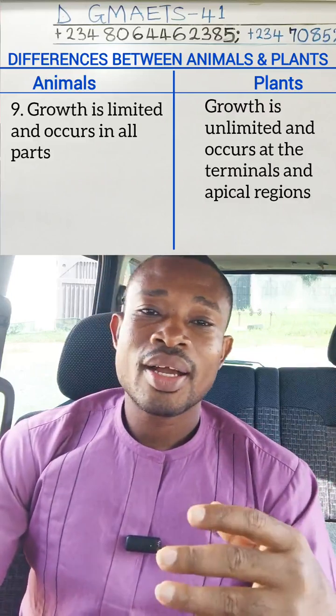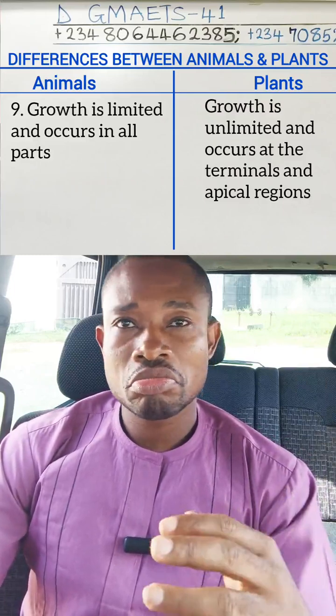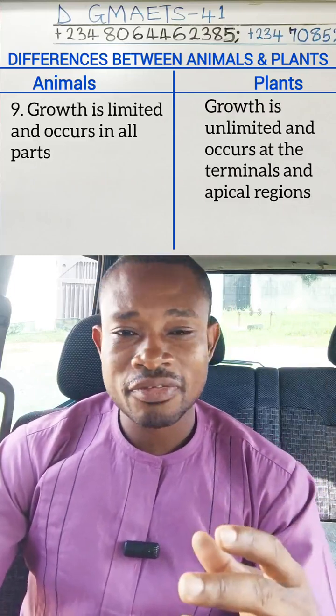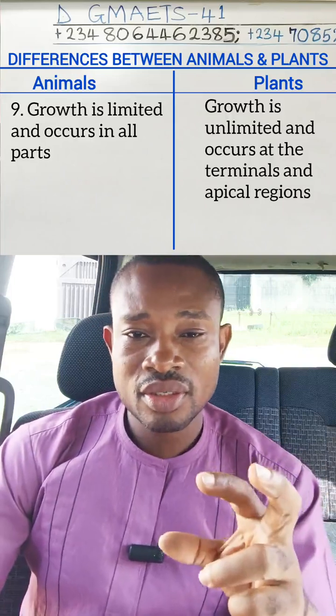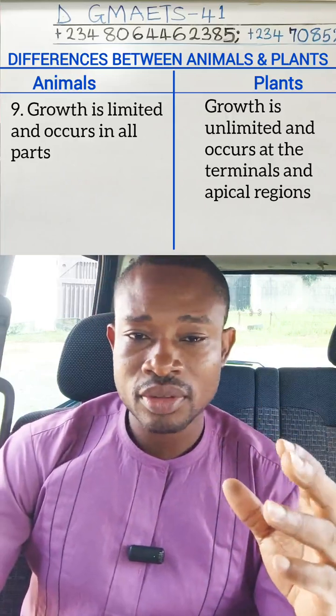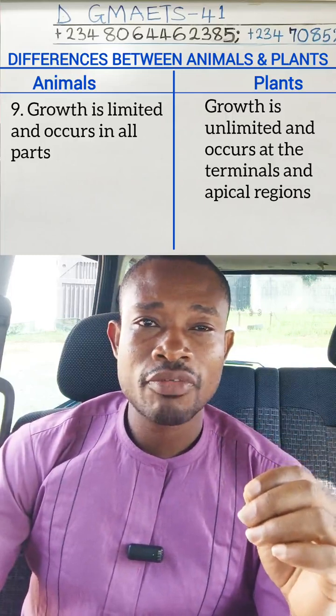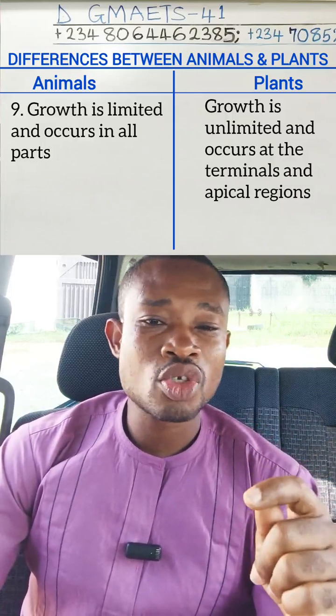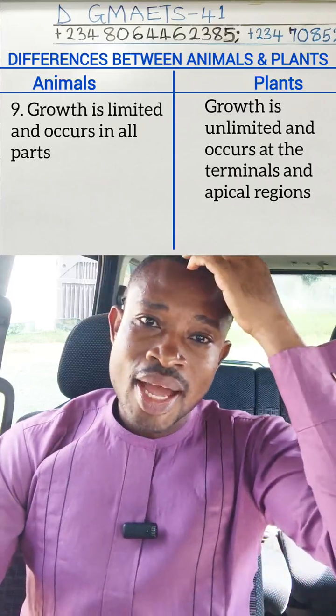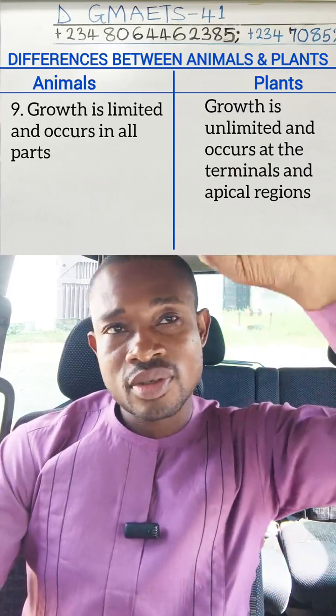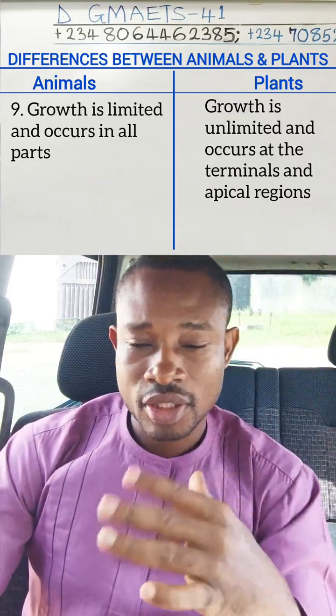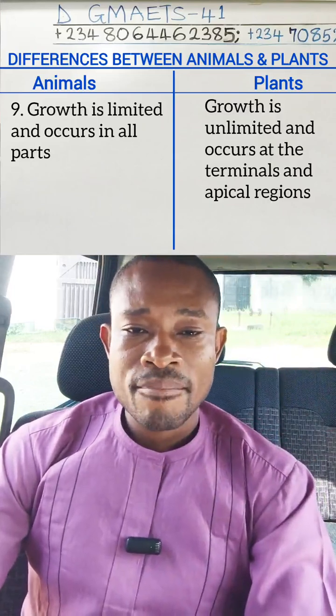Okay? And then when you come to the parts of animals that grow, generally, all parts of an animal grow, right? But for plants, growth is usually terminal and apical. At the terminal point, you see them start growing, okay? So you take note of that.